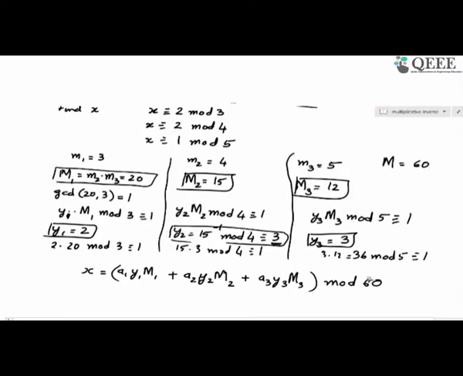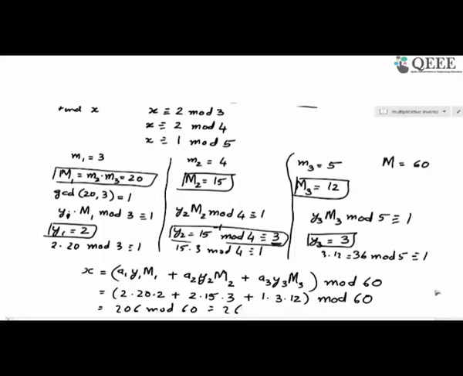So this is 2 into 2 into 20, plus 2 into 3 into 15, plus 1 into 3 into 12, mod 60. This would be equal to 206 mod 60, which is equal to 26.